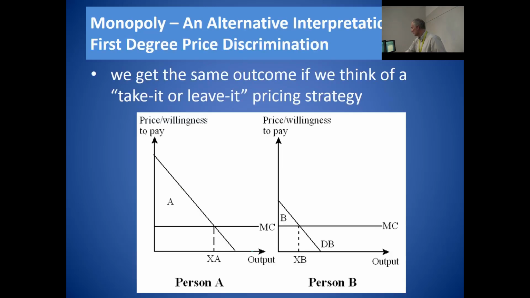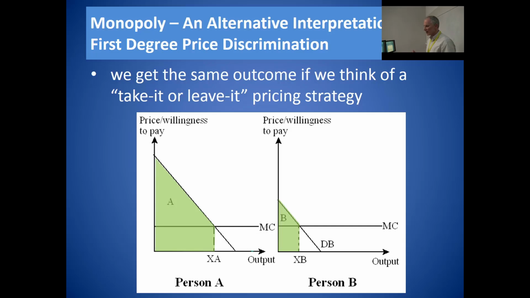Well, all we've got here are two separate customers, and the total price charged to each of these customers equals their total willingness to pay. And in neither of these diagrams is there any consumer surplus. It's all profit, or all producer surplus, for the monopolist. So again, that's an alternative interpretation of perfect price discrimination.